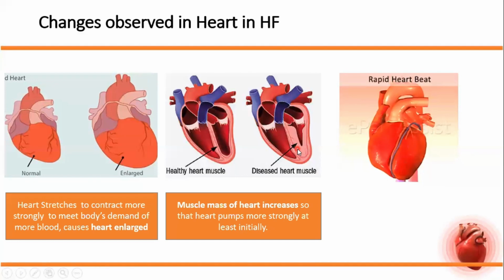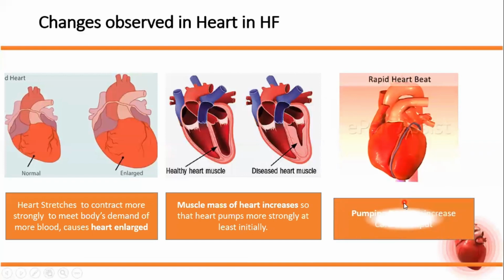Just to compensate for the weakness, the heart increases the muscles within it so that it can beat more strongly and send more blood into the body. Apart from the remodeling of the heart, there is a rapid heartbeat. In heart failure, you will see the heart is pumping much faster to increase the cardiac output.